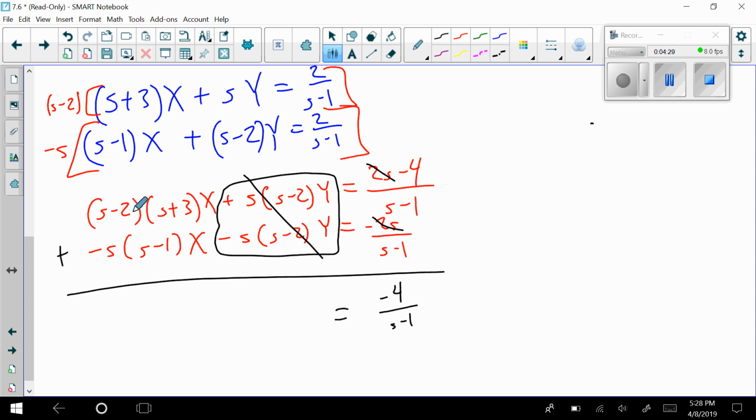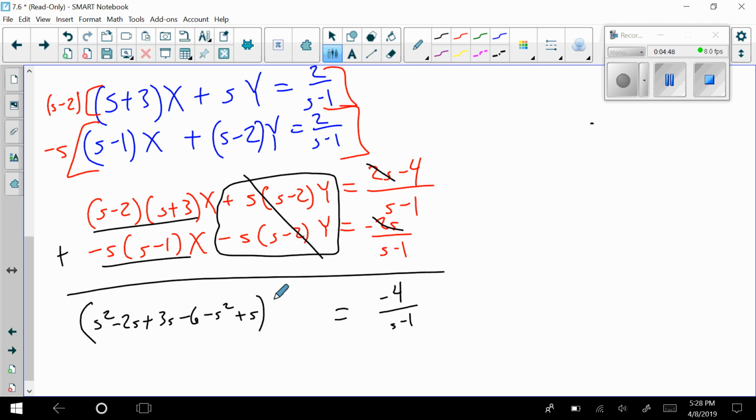Here I might need to do a little bit of math. This would be s squared minus 2s plus 3s minus 6. That's just for this section. And I have this thing down here, so that's minus s squared plus s.